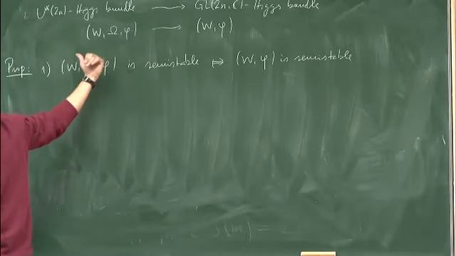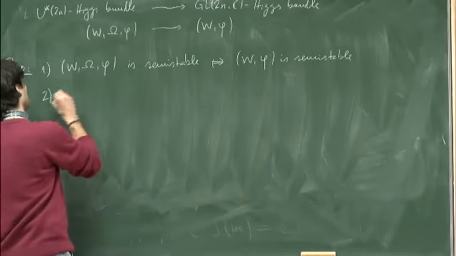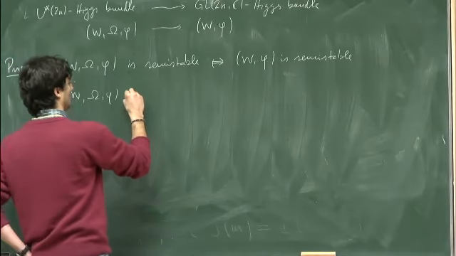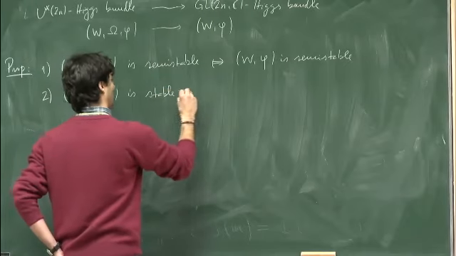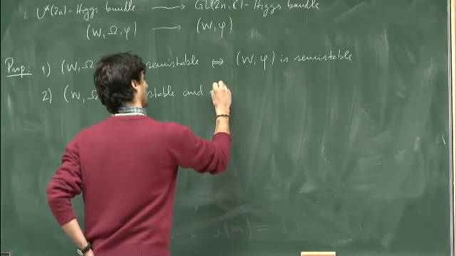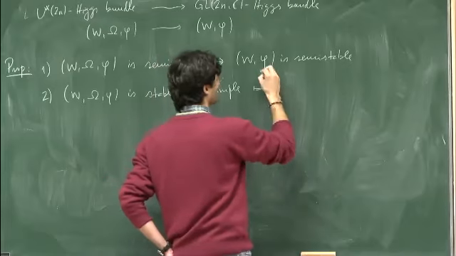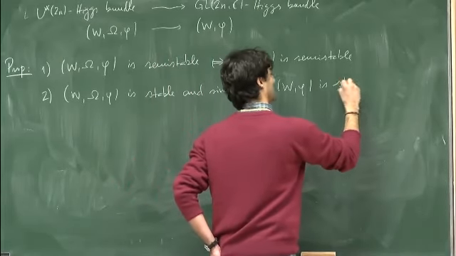This viewed as a U star and this viewed as a GLN. (W, omega, phi) is stable and simple if and only if this GLN is stable.